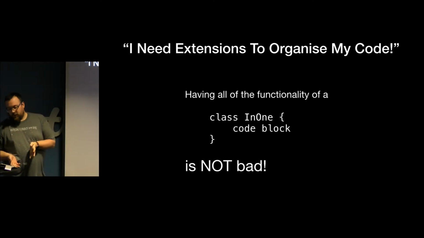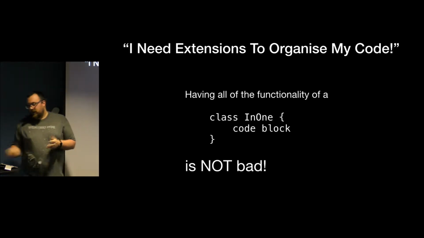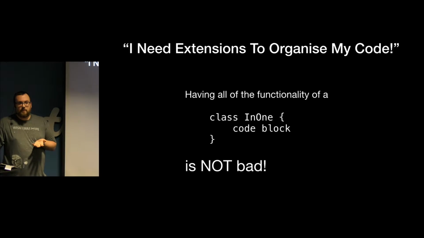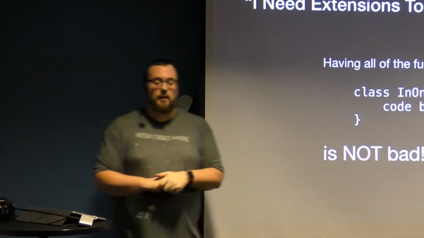Well, I'm in this file now, so I'll just add an extension to the top of my file for the other class to add the functionality. And you end up with a class that's implemented over 10 files? And then if you come into it from somewhere else, it's a huge pain to find out where everything is.